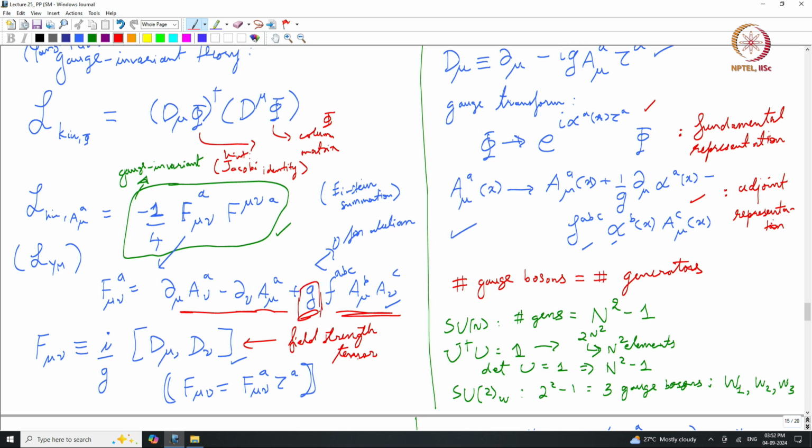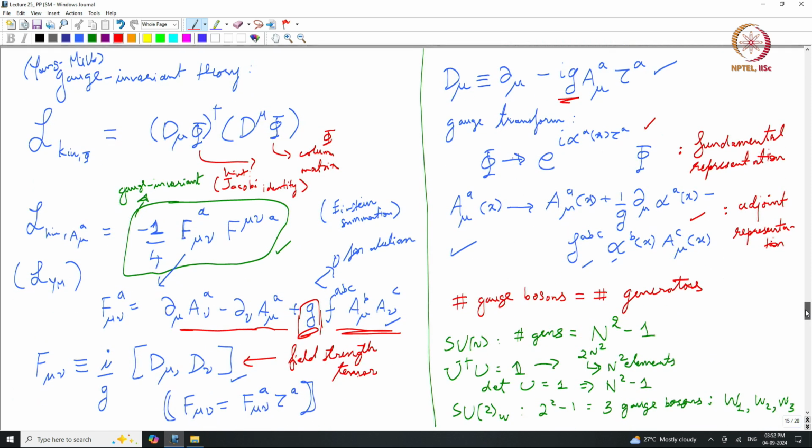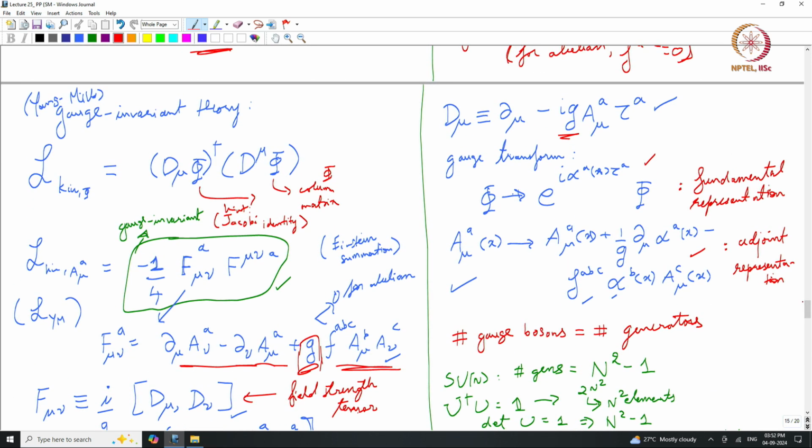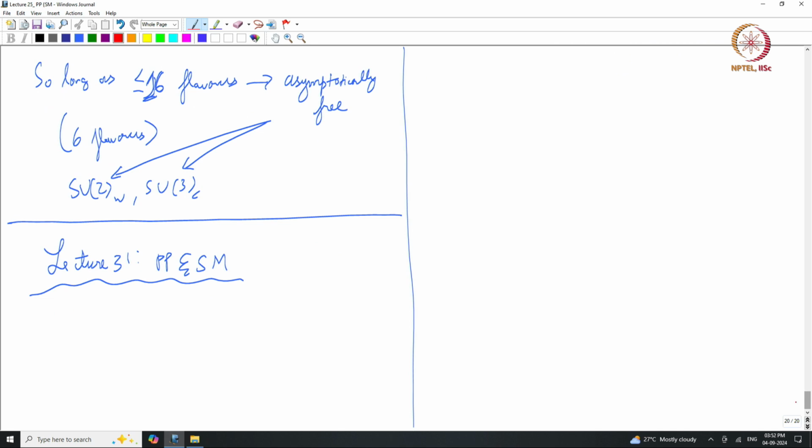In the field strength tensor itself you have a coupling sitting around, and that is the coupling that determines the interaction between the A fields which are gluons or W bosons and so on, right. And notice that that is also the coupling that determines the interaction between the gluon or the W boson and the corresponding fermion. Agreed, because it is in the covariant derivative, right. See, this coupling keeps coming up again and again, right.